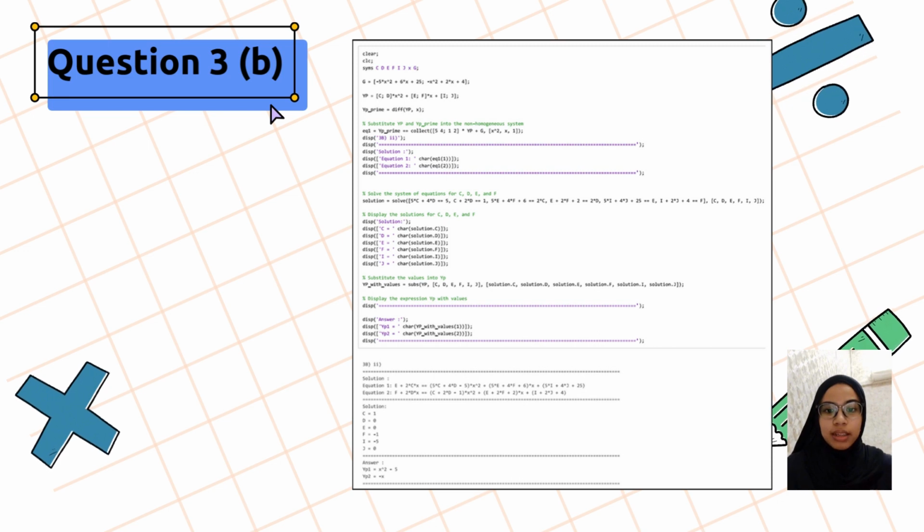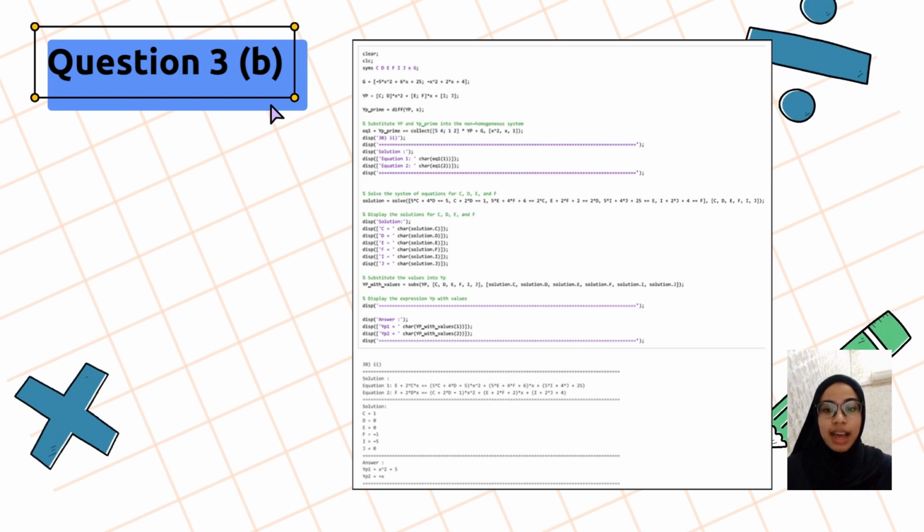Next, the particular integral yp is defined as a function of x with undetermined coefficients. So yp is the matrix of Cx to the power of 2 plus Dx plus E, and Fx plus I plus J, and calculate yp prime with respect to x.